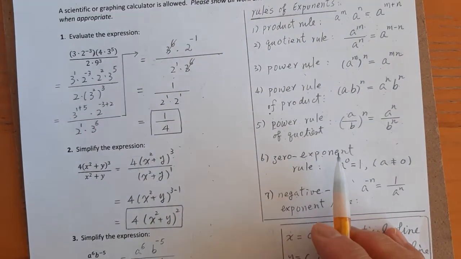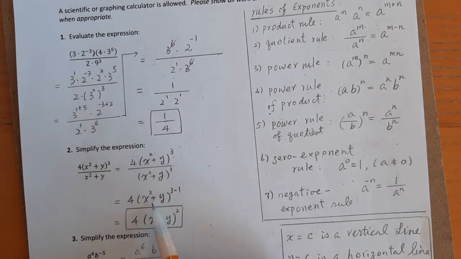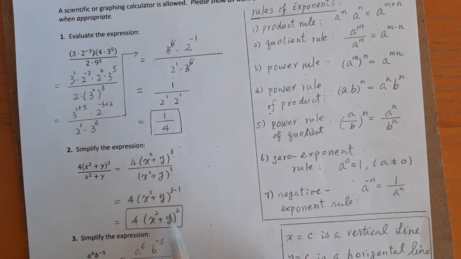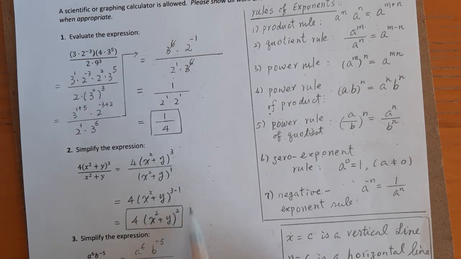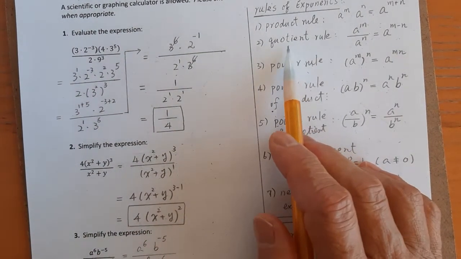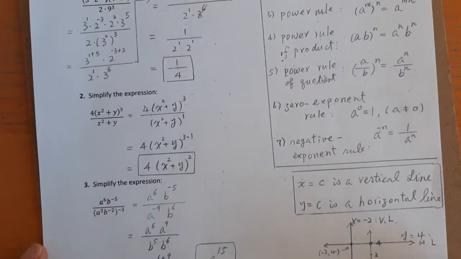So 3 minus 1, same base x squared plus y. It simplifies to 4 times quantity x squared plus y squared.